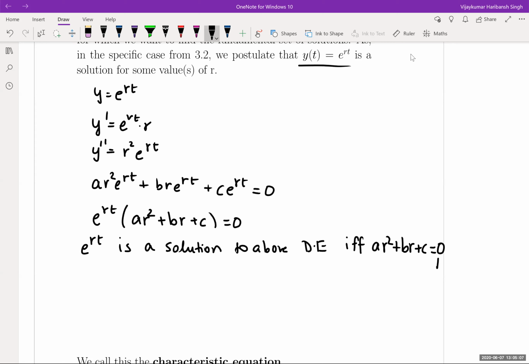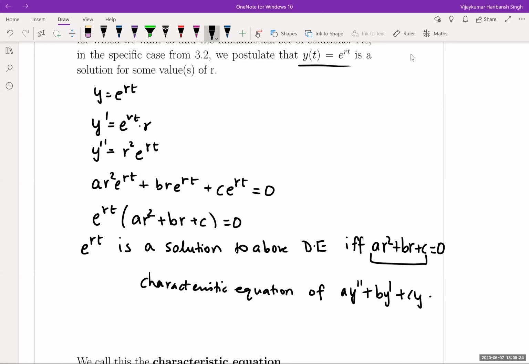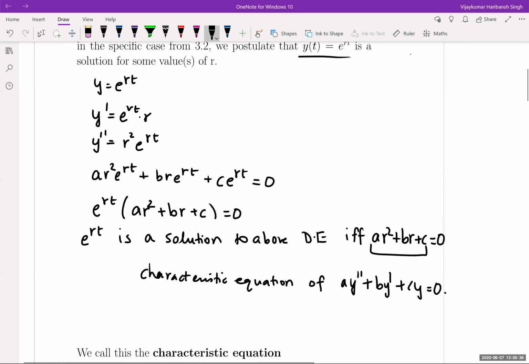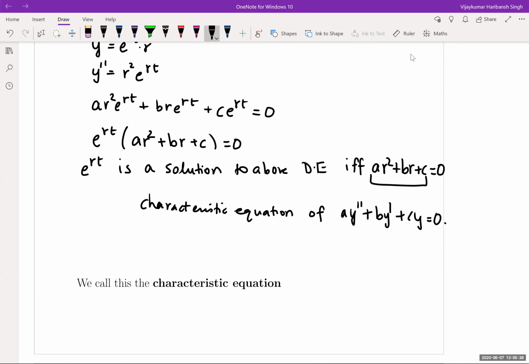This equation is called the characteristic equation for a y double prime plus b y prime plus c y equals 0. So this is called the characteristic equation.